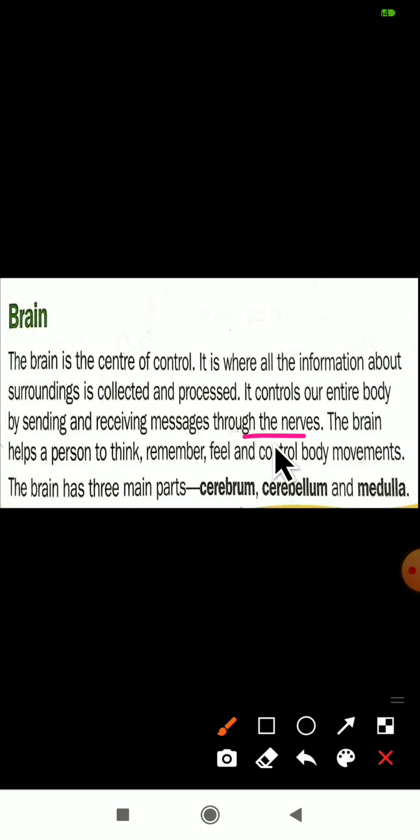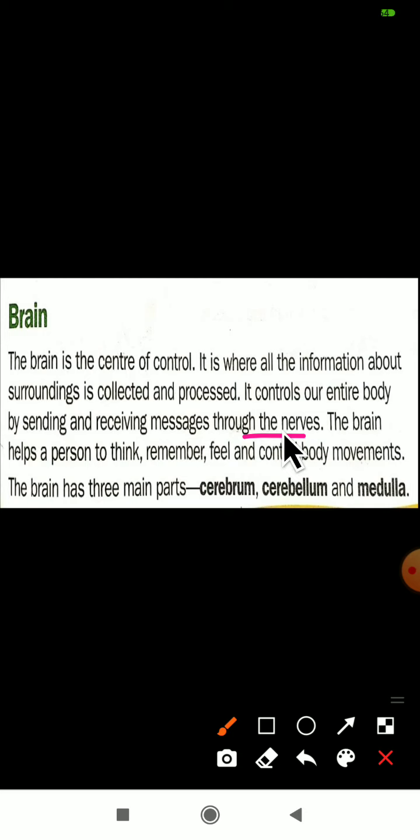How is the message received and sent to the brain? With the help of the nerves. And who will control our body? The brain. The brain has that capacity. It controls our entire body by sending and receiving messages.